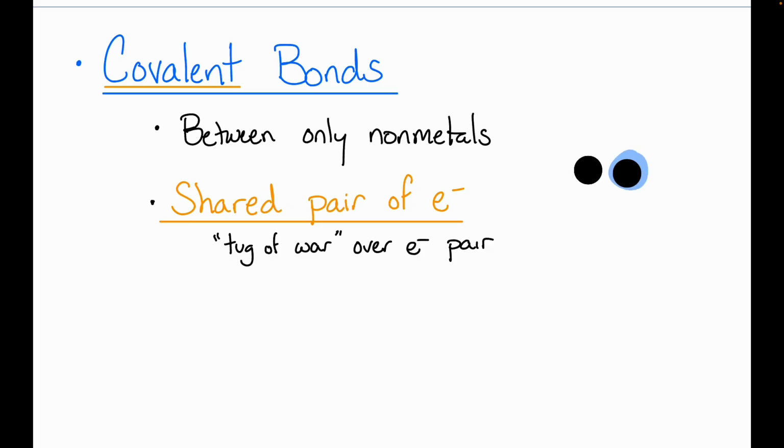This atom has its electron cloud, but they're also sharing this pair of electrons between them. Again, this is the characteristic of a covalent bond. We have our shared electron pair. That's what's keeping those two atoms bonded with one another.